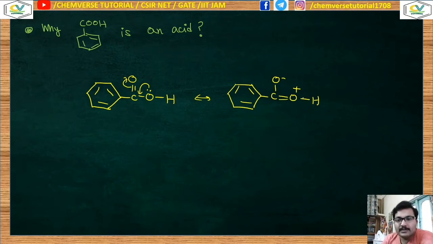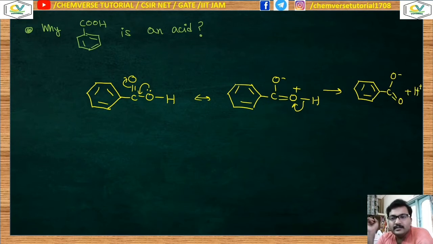So this bonded pair of electrons of the OH bond will now be concentrated over oxygen to neutralize the charge, and you will get something like this: O minus, double bond O, plus H plus. So this is happening, and this is the driving force to donate the proton. Something which can donate a proton can be called an acid, and that's why it is an acid.